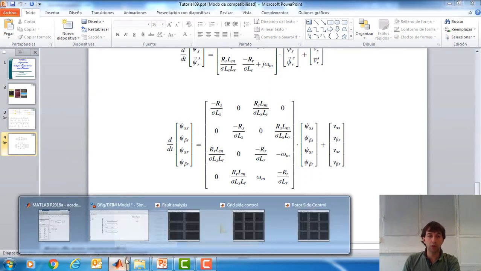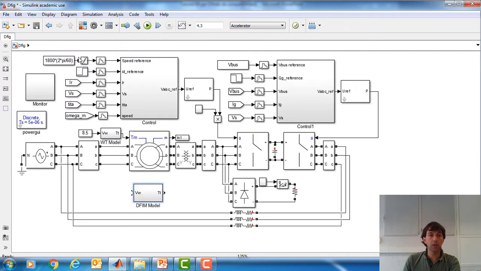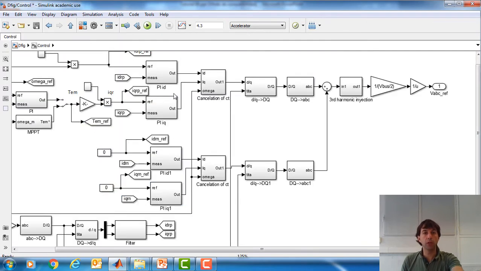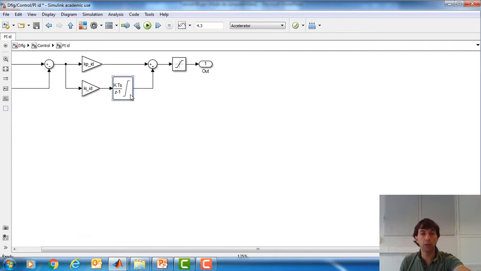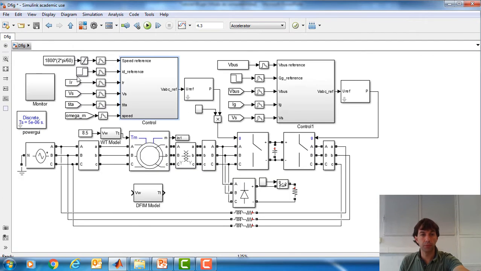So let's use, for instance, one integrator that we could take from here. I don't remember where we can find one. Yes, for instance here.